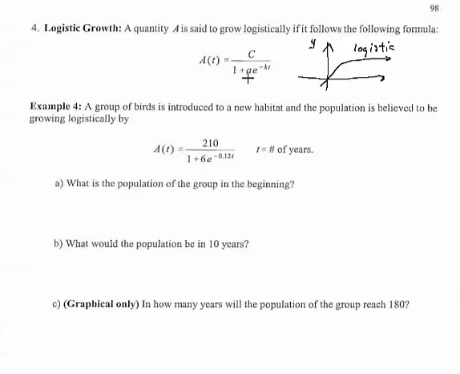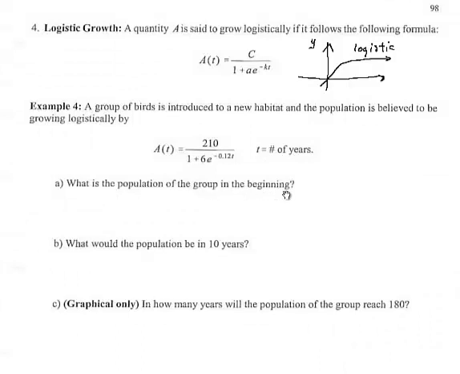A is just some multiple of our exponential expression on the bottom. We have A equals 6. And then we have a rate k, and in this case it's 0.12. T is given in the number of years.